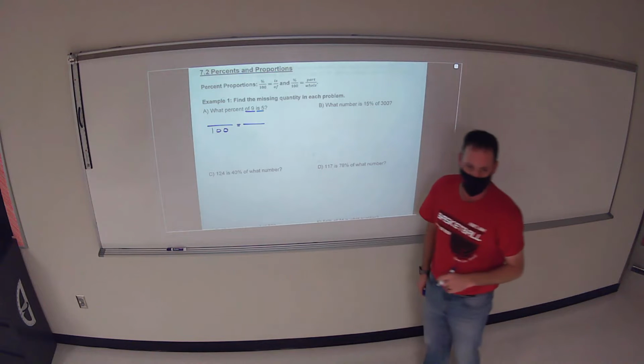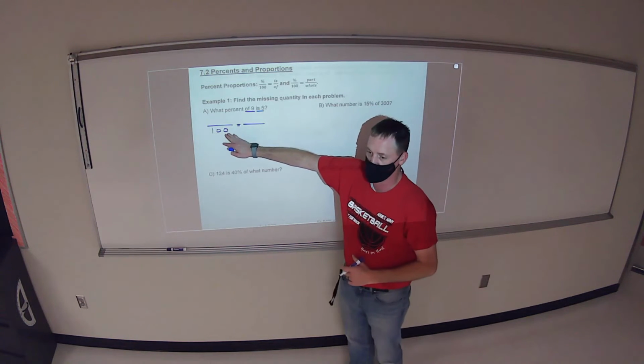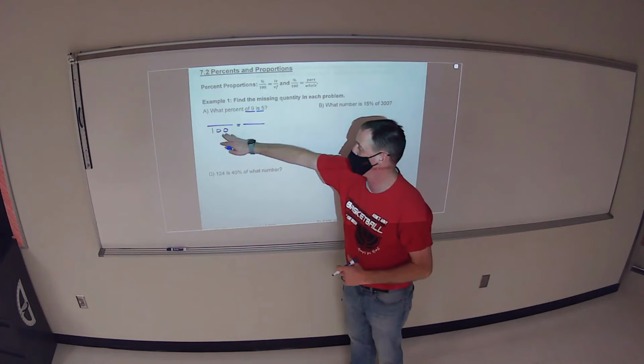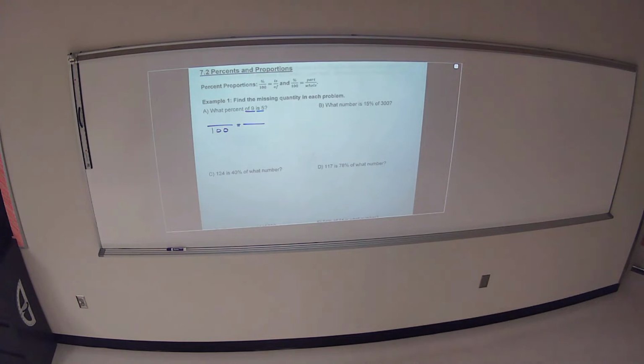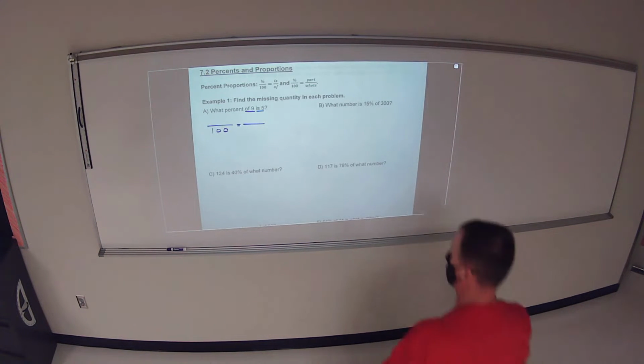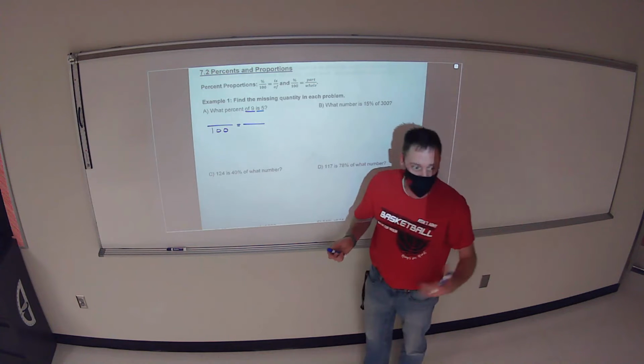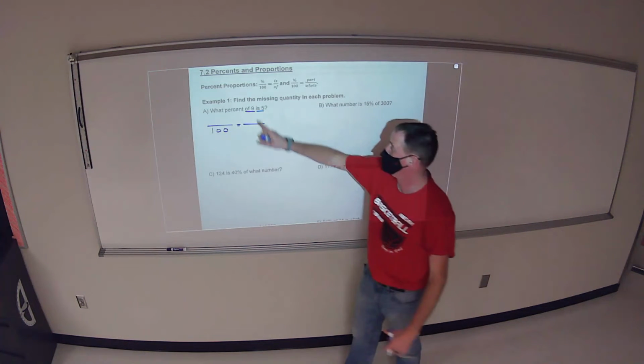Remember, this is the one constant. Out of my 4 spots, this 100 will always be right here. Two of the other 3 spots are going to be filled with other numbers. Whether that number is a percent, an is, or an of depends on the situation. So when we look at this, what keyword is with the number 9? The word of.